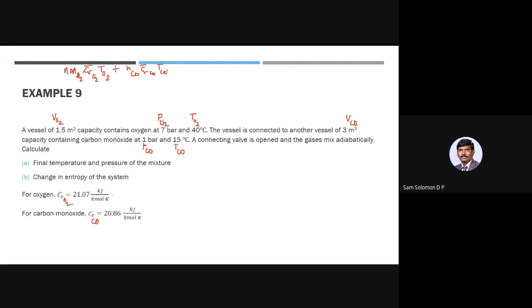This is equal to the total number of moles multiplied by CV bar of the mixture multiplied by the temperature of the mixture.